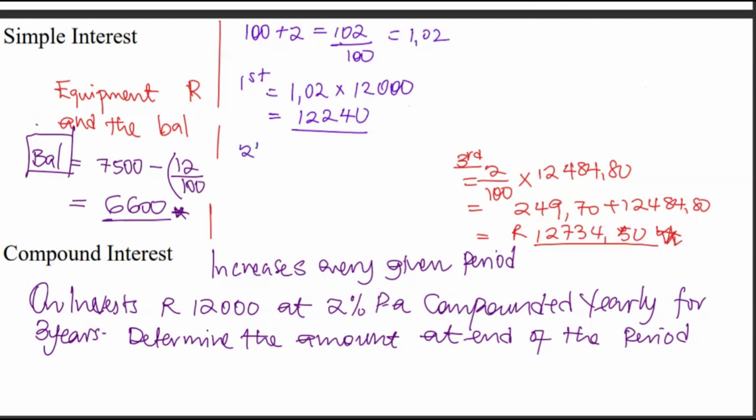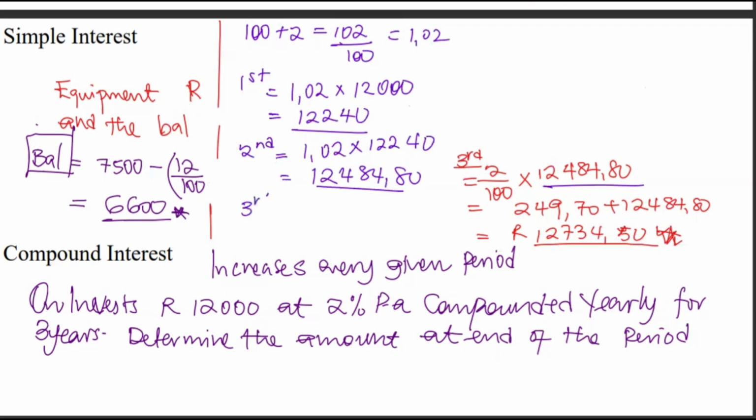Then, the second year, it will be 1.02 times 1,224. You see that you still get the same answer. We have this, and it's still the one that we got for the second year in our first calculation.